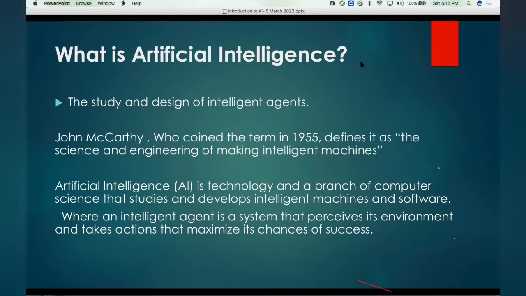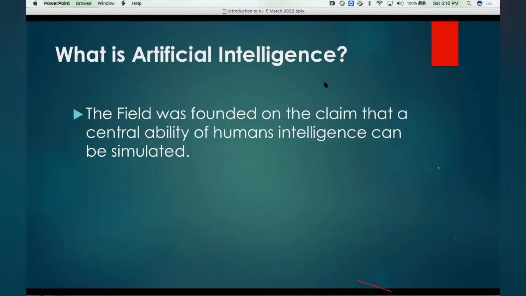So therefore, we are developing machines which can think on our behalf. This field was founded on the claim that a central ability of human intelligence can be simulated, can be copied. These machines are thinking on our behalf.